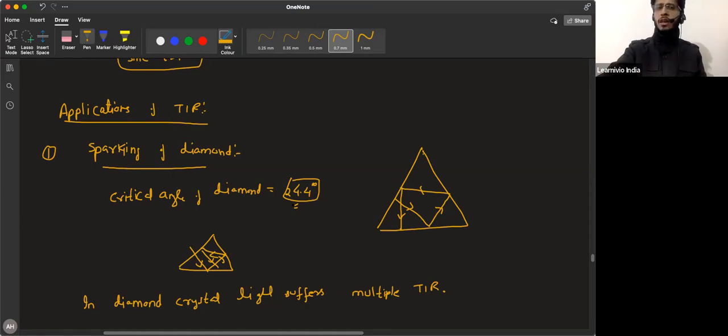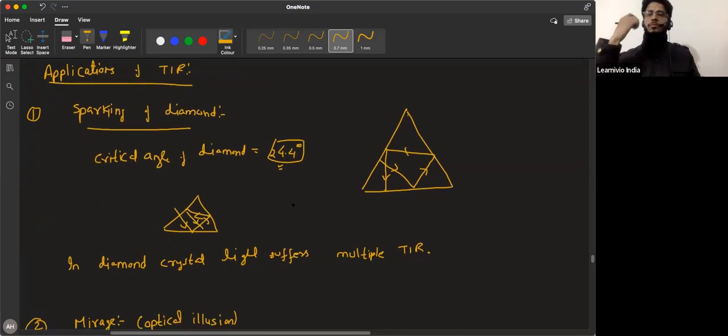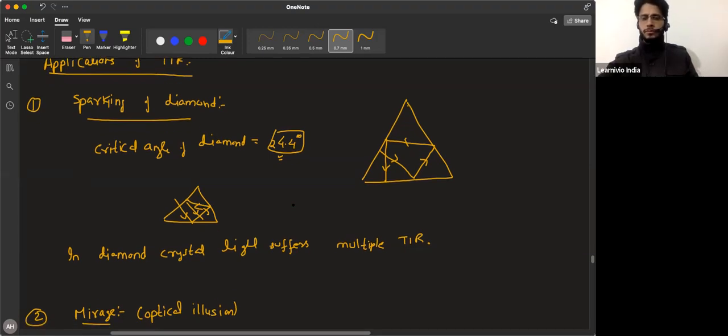For normal glass, the critical angle is around 45 degrees, but for diamond, it's just 24.4 degrees. Written? Can I scroll it further? Yes, sir.